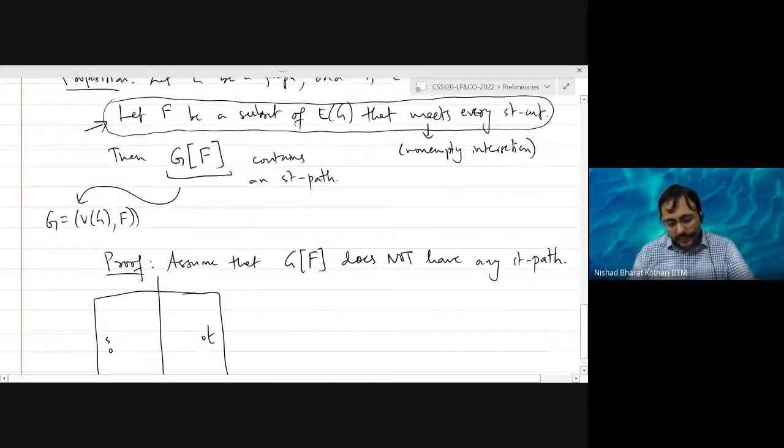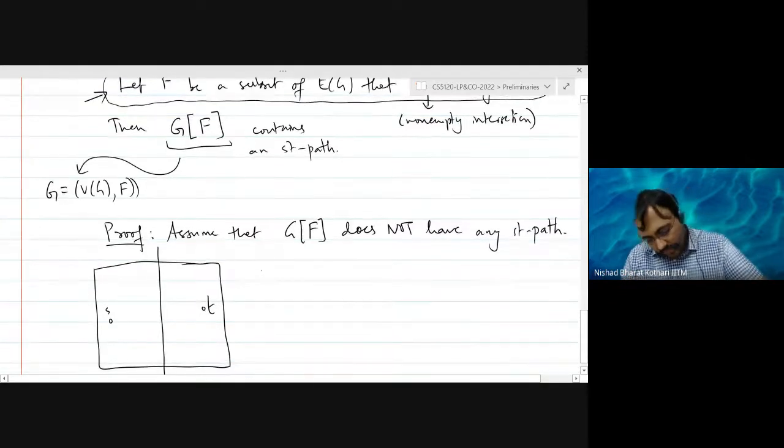So if you assume that this graph does not have any ST path, what does that mean? By the definition of connected graph, it means that S and T in particular are not in the same component, right? If they're in the same component, then there would be a path between them. That's the definition of a component.